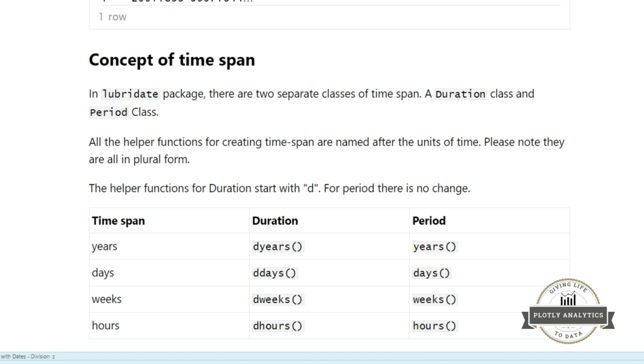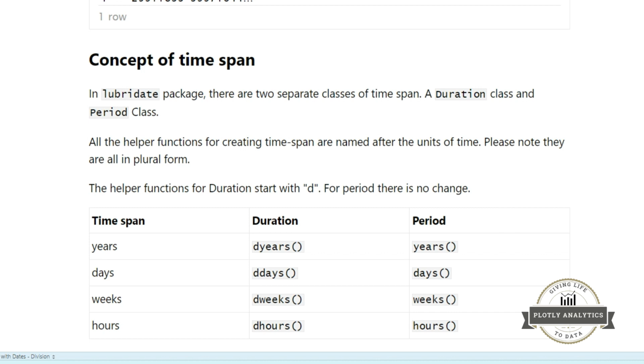So if you look at the following table, you will find out that all the helper functions for creating the time period are named after the units of time. So years, days, weeks. You have to simply use the units of time as a name of the helper function. That's pretty cool.